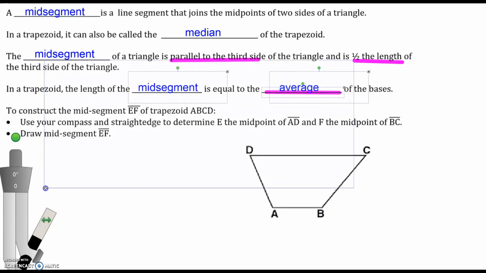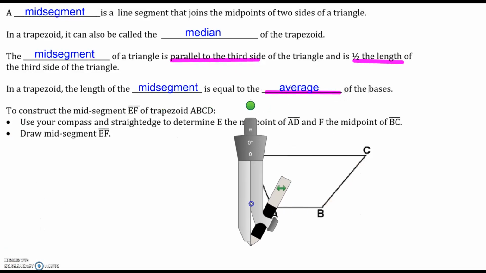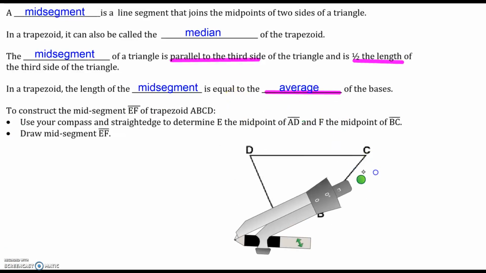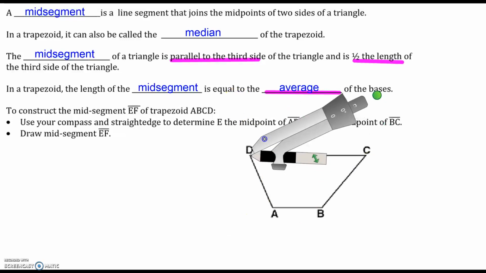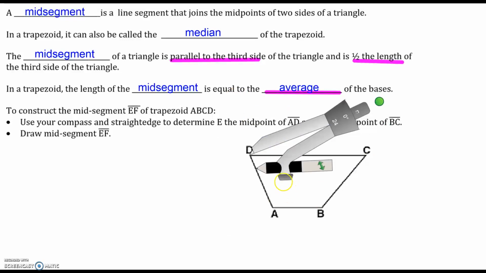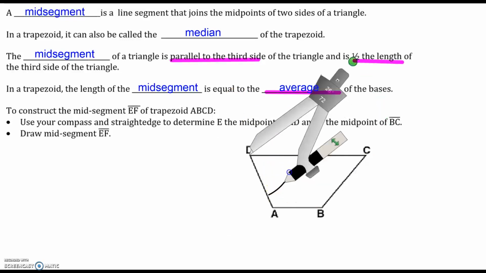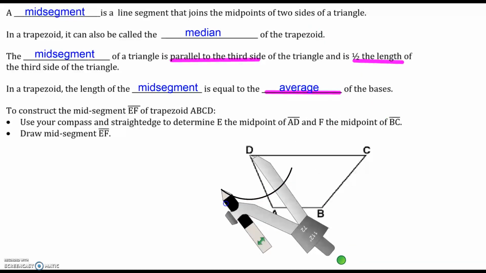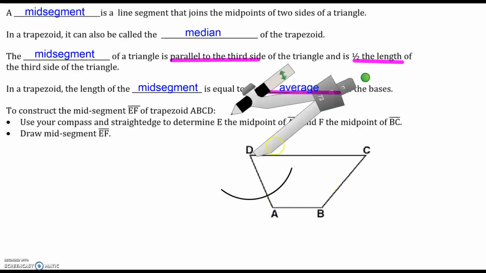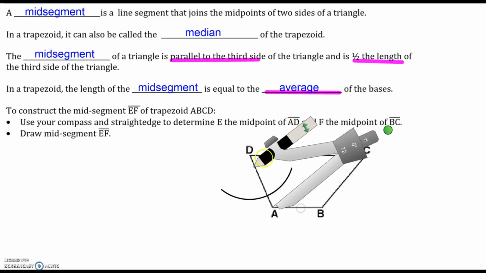Okay, so we're going to construct the midsegment of trapezoid ABCD. Going to go to the non-parallel sides and find each of their midpoints. So between A and D, we're going to do our perpendicular bisector, opening more than halfway, and drawing our arc, and then flipping it around, and the same thing here.